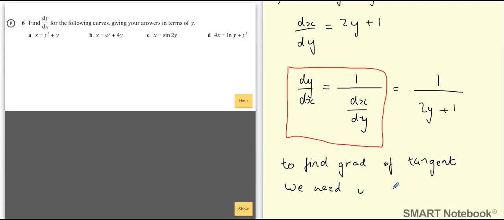We're not going to substitute x coordinates, we are going to substitute in y coordinates. Okay, because our answer is dependent on y. The gradient of the tangent is dependent on y. Okay, so that's the only thing I want you to be aware of for this question.